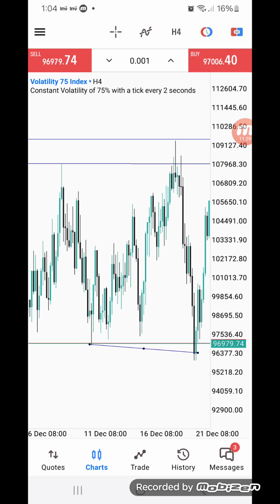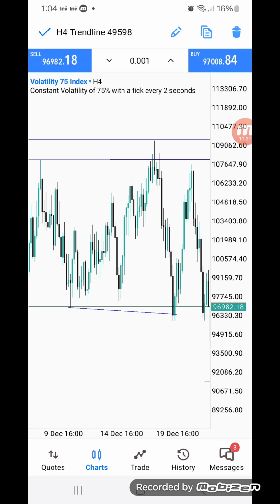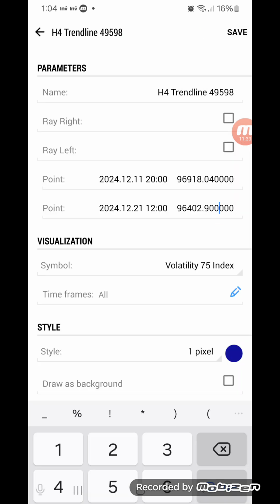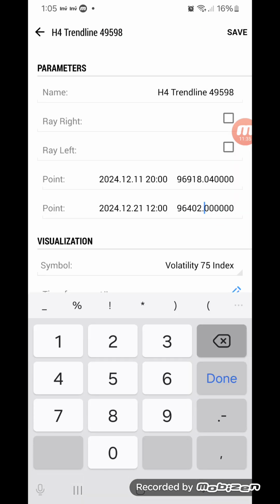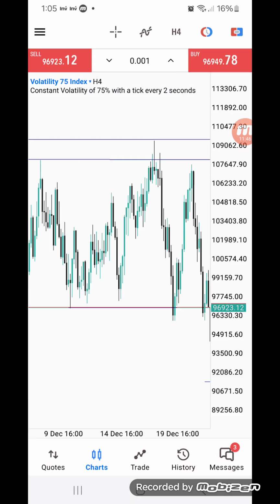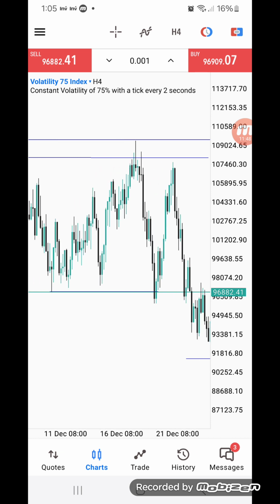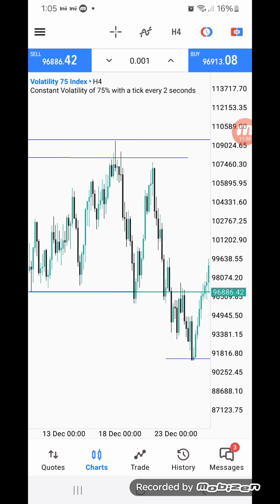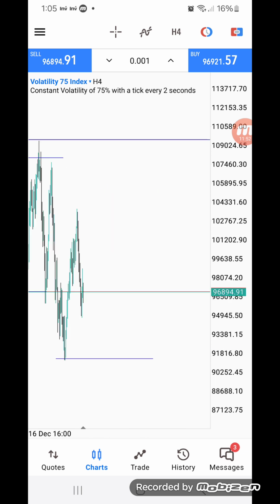That is our first change of character. Let me make that line a bit straight. That's our change of character. It's a bit tiny, it's not very visible.